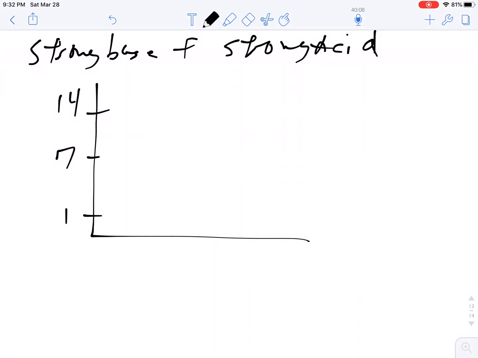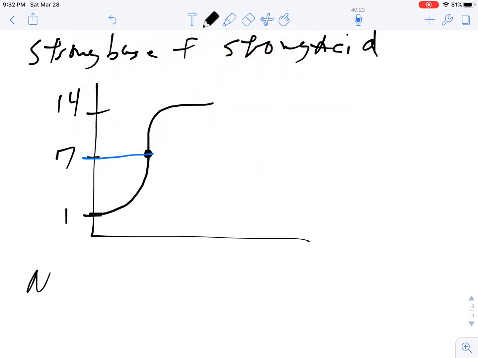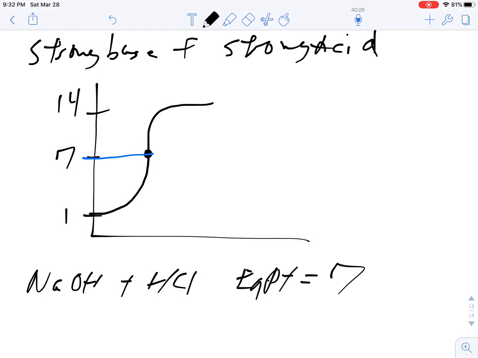The equivalence point would be a pH of 7. So sometimes they do this in a problem. They'll say like, okay, what's the equivalence point when you react sodium hydroxide with HCl? You know what the equivalence point is. The equivalence point will have a pH of 7 because it's a strong base reacting with a strong acid. Okay?